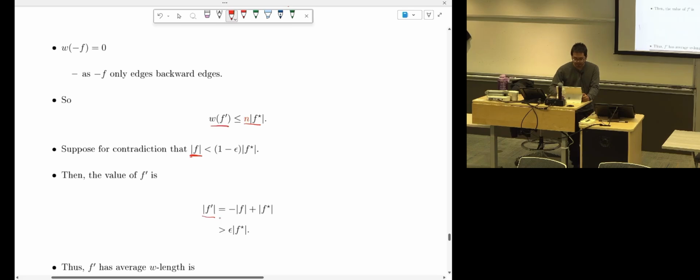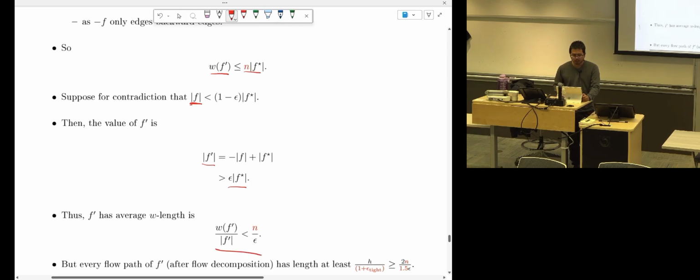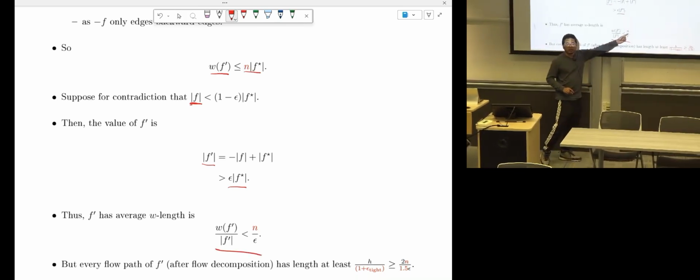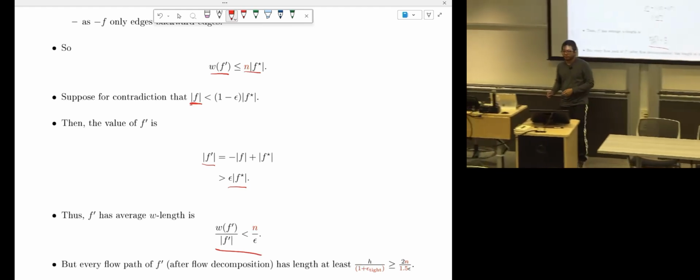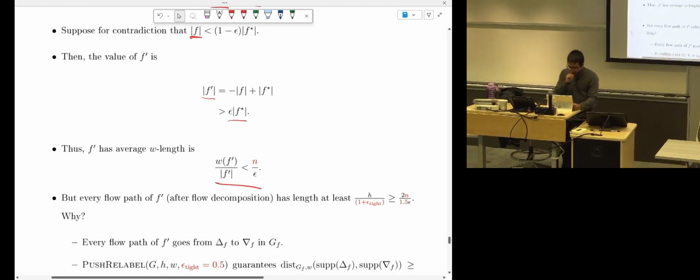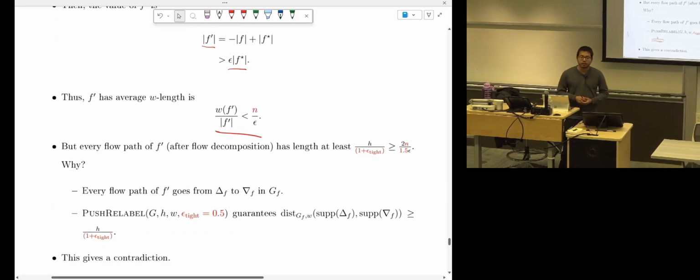And if, for contradiction, f is small, then we get that f prime has size at least epsilon times f star again, and we get this. The average length is at most, no, epsilon. But now, good. Now we want the contradiction.